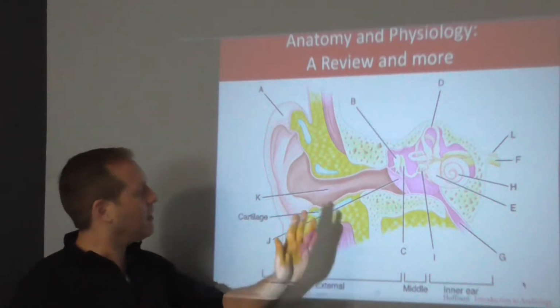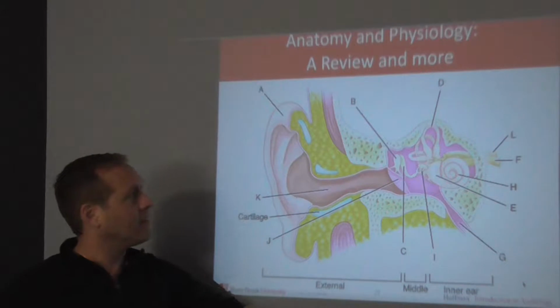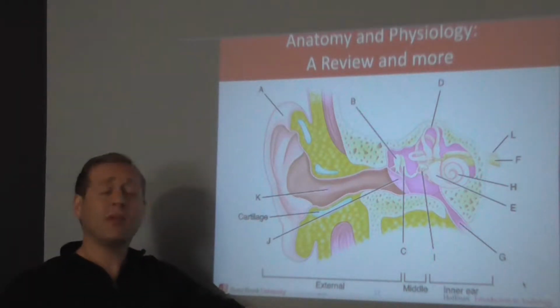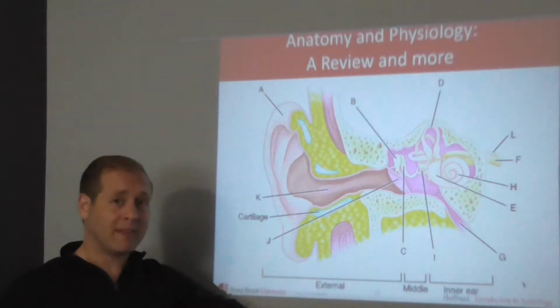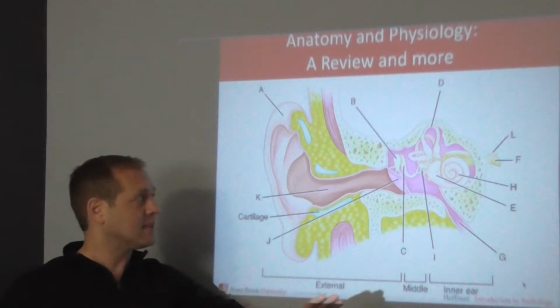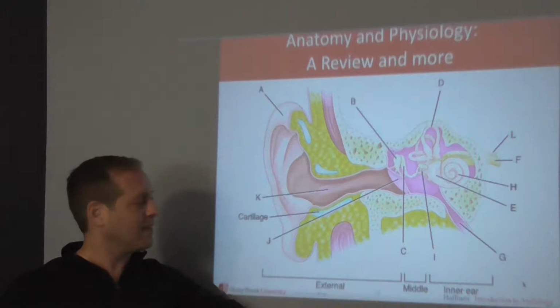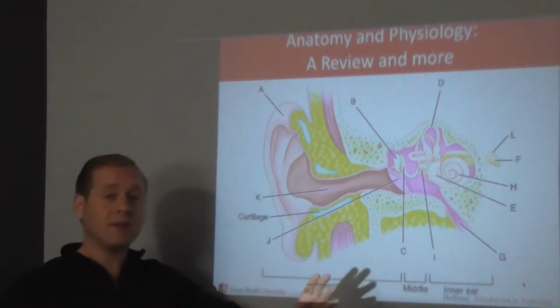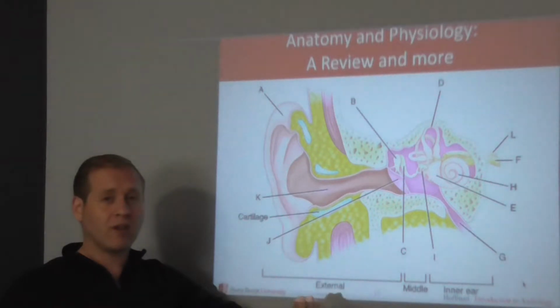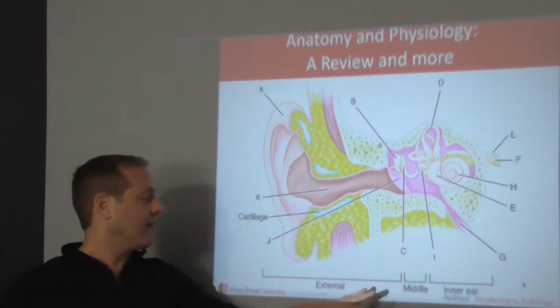There are some different things that are labeled, okay? You probably should be aware of those structures that are labeled, and if you are not yet, based on the reading, start to become familiar with them. The ear is first broken down into three major areas, okay? They're labeled here at the bottom.